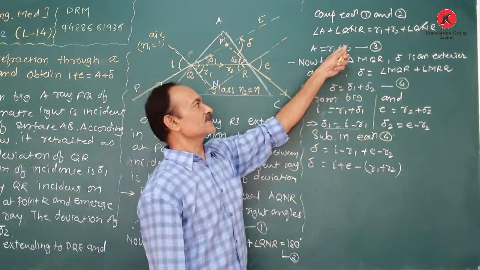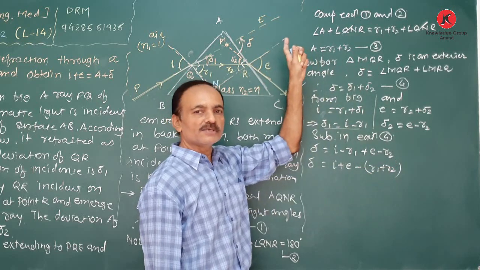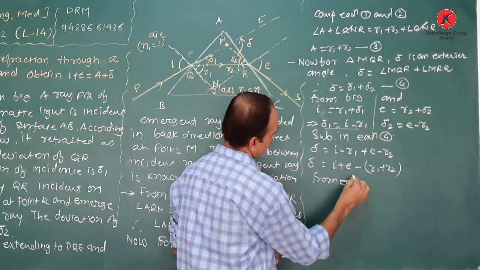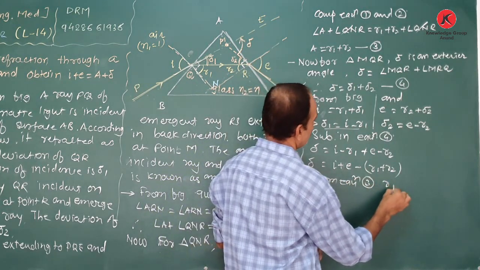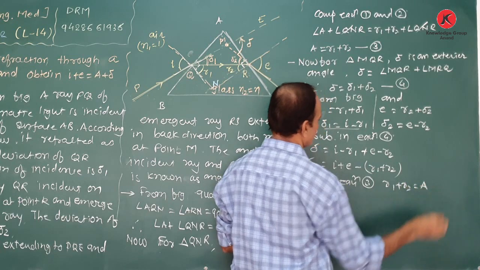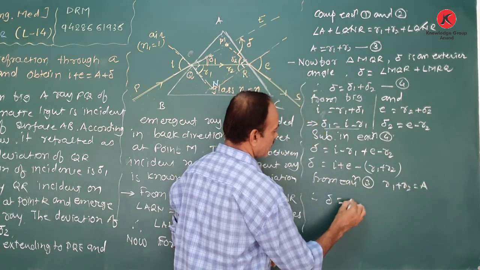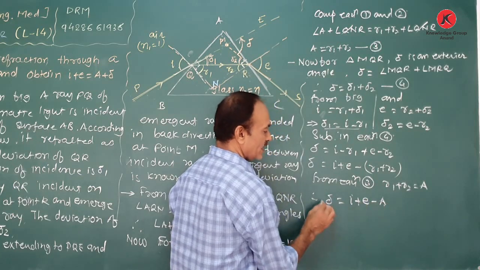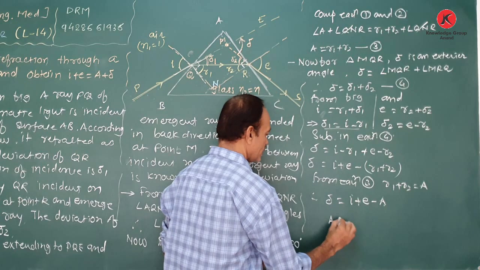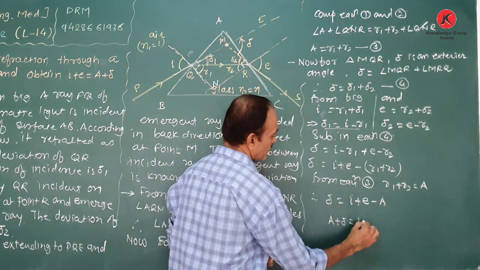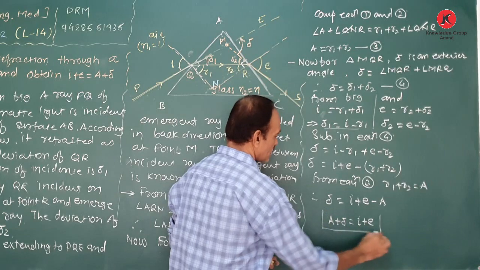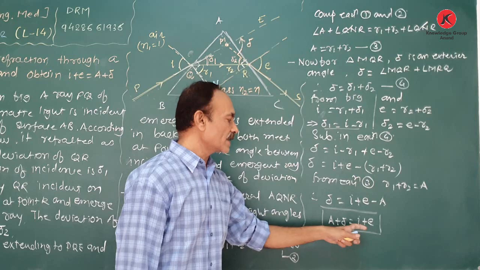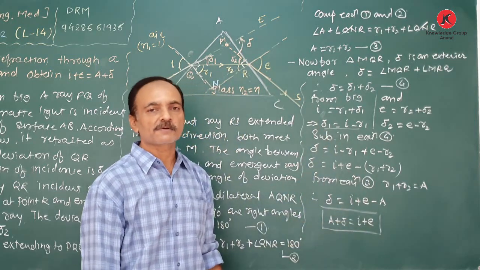Now, from equation 3, r1 plus r2 is equal to A. Therefore, delta is equal to I plus E minus A. Take the A on the left hand side, therefore A plus delta is equal to I plus E. So this shows the relation between prism angle, angle of deviation, angle of incidence, and angle of emergence for a prism.